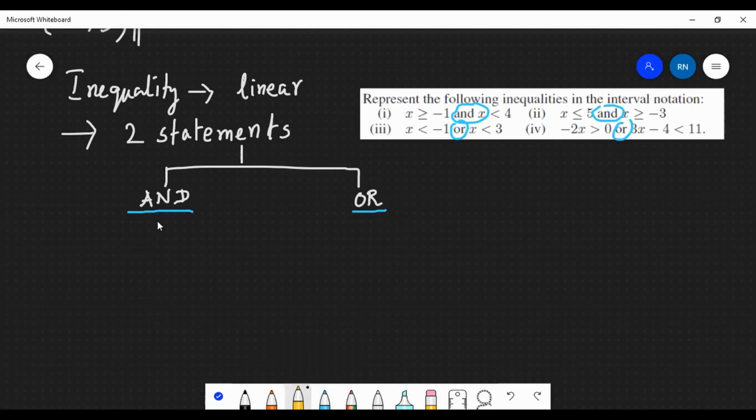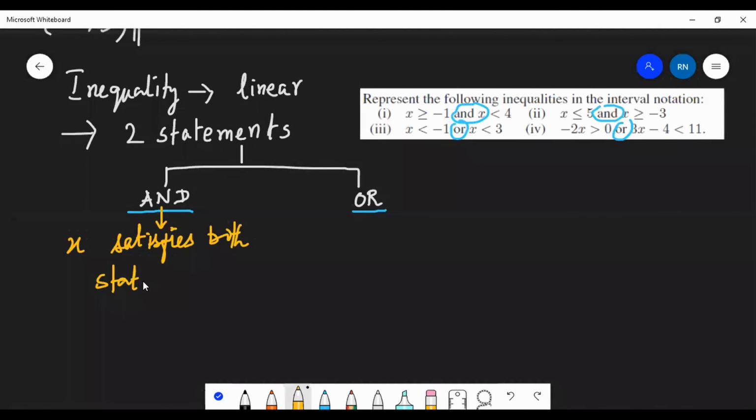In the AND statement, what are you supposed to do? I told you, x satisfies both statements, it satisfies both statements simultaneously. And here, x satisfies the all-inclusive interval.